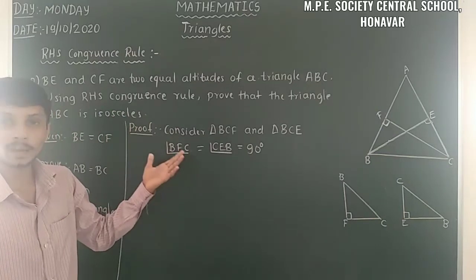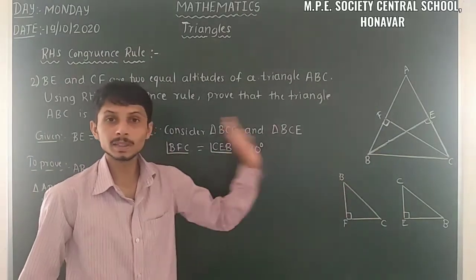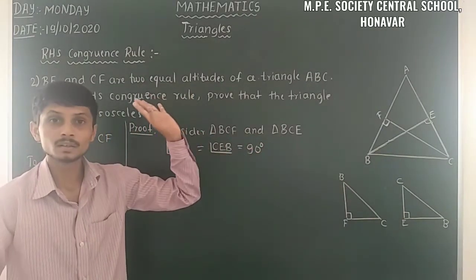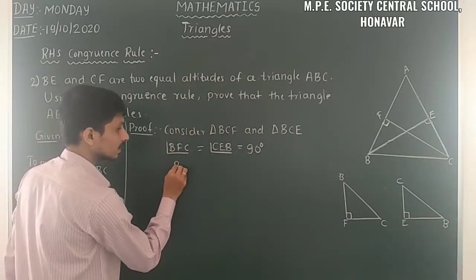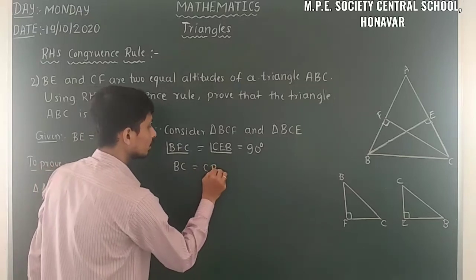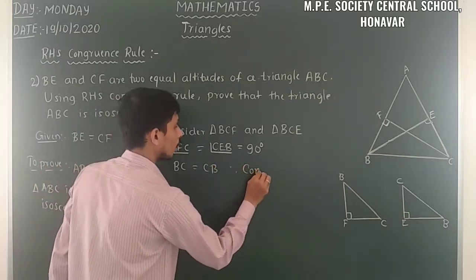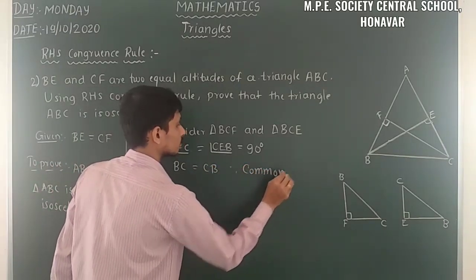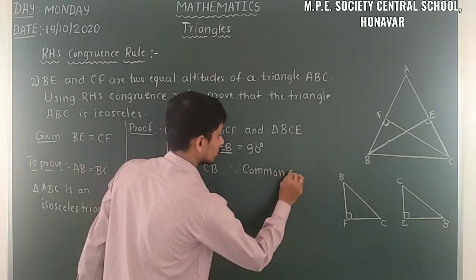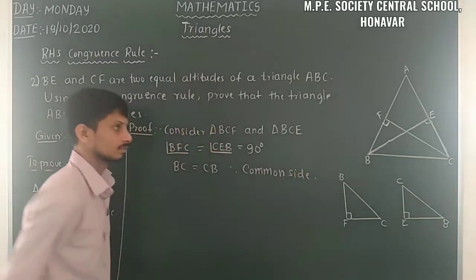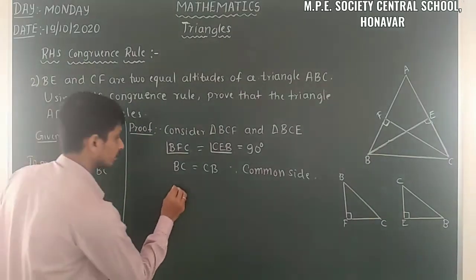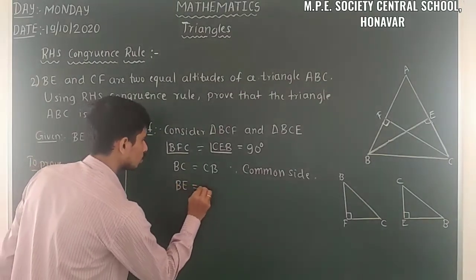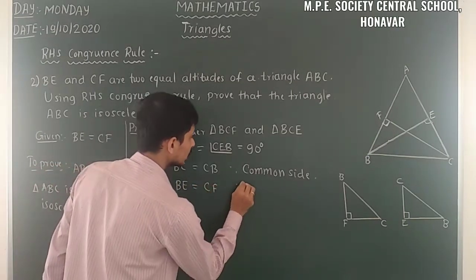Then also we have BC is equal to CB because those two are a common side for both triangles. Then another equality, that is BE is equal to CF, because it is given.